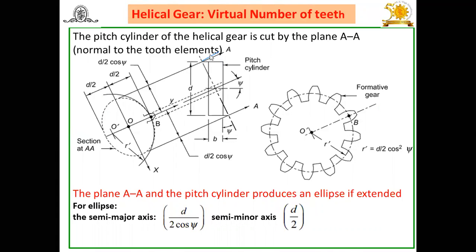Because by doing this analysis, we are constructing the formative gear. It is an imaginary spur gear which is equivalent to the helical gear. It helps us to make the analysis of helical gear simple. That's why virtual number of teeth plays an important role here, and how to construct it, how to take these cuts.